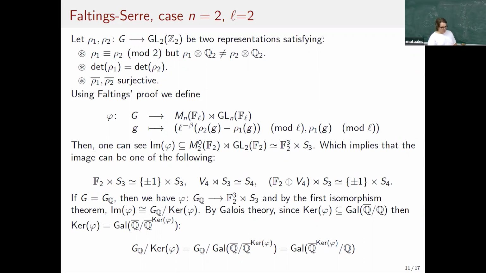Because you're working modulo L to the beta, and you want to work modulo L to the beta plus 1. So what you're trying to say is that the difference modulo L to the beta plus 1 is 0. And this is a constructive way to prove this. So we can find the figure again.